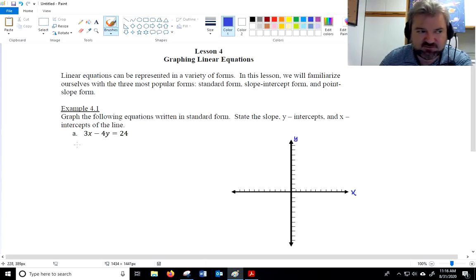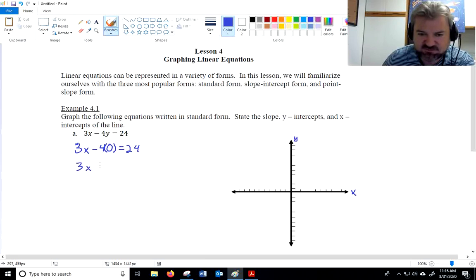So what I'm going to do is replace the y value with 0 and solve that equation. Any point on this x-axis where the line crosses, that y-coordinate has to be 0. So if I put a 0 in for y, I can solve for that x-coordinate.